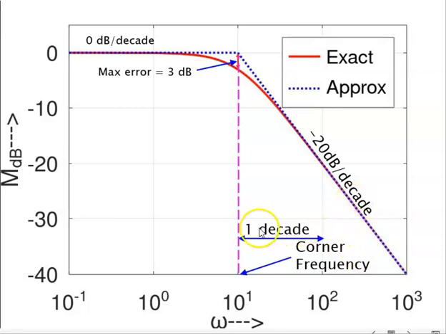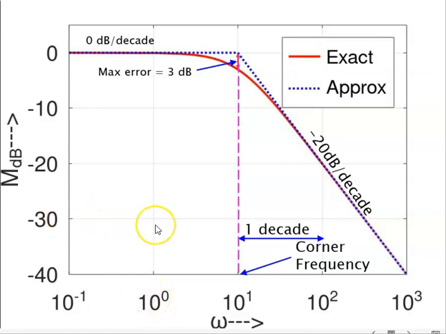This duration separated by two frequencies omega 1 and omega 2 is called 1 decade when omega 2 by omega 1 is 10. So from here to here is 1 decade because 10 power 0 by 10 power minus 1 is 10. Similarly from here to here it is a decade because 10 power 1 by 10 power 0 is 10.